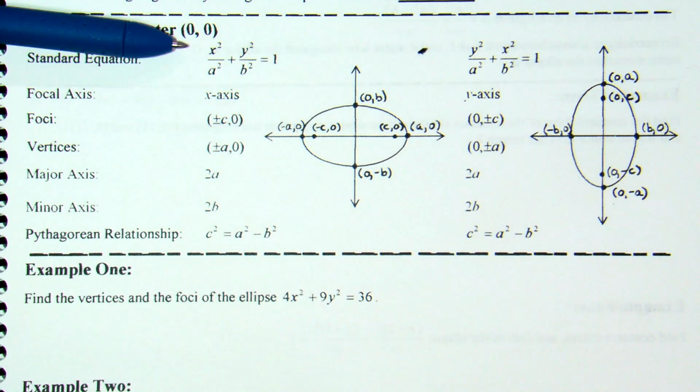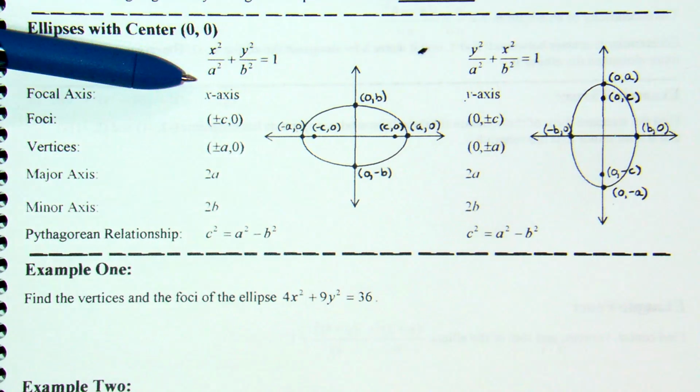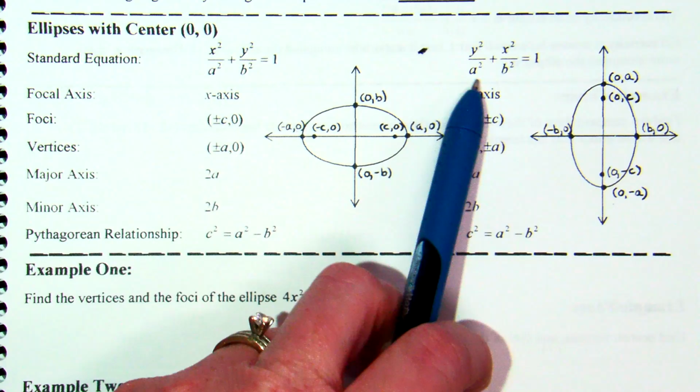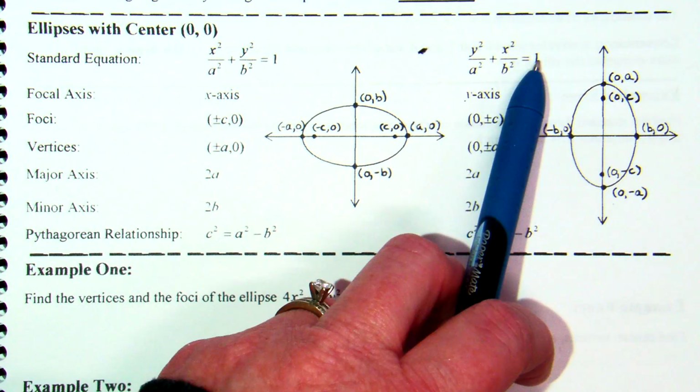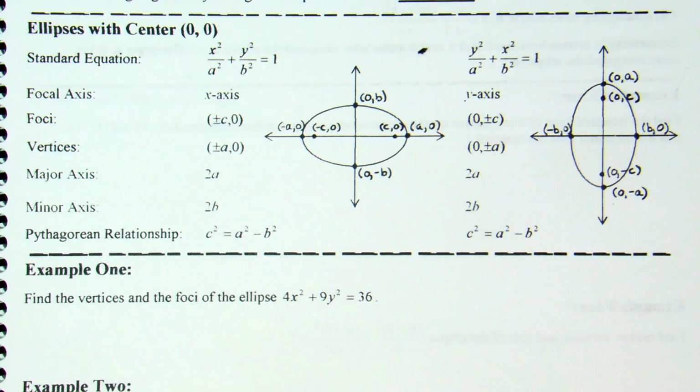Got a new standard equation for you. x squared over a squared plus y squared over b squared equals 1. Or, notice the difference over here, y squared over a squared plus x squared over b squared equals 1. I think I said equals instead of plus there. You all have it written in front of you, assuming you have your notes.